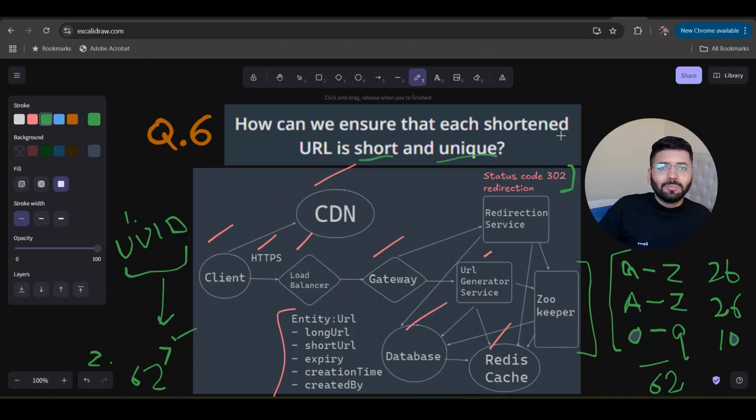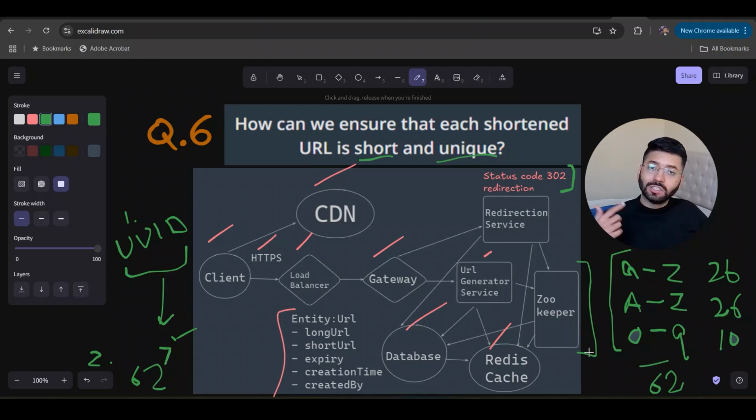It can be handled in a couple of ways. One could be to use the Redis cache itself, because Redis is a centralized distributed system, and the increment command in Redis is atomic, which means it won't get interference from other operations. So it is safe to do using Redis.